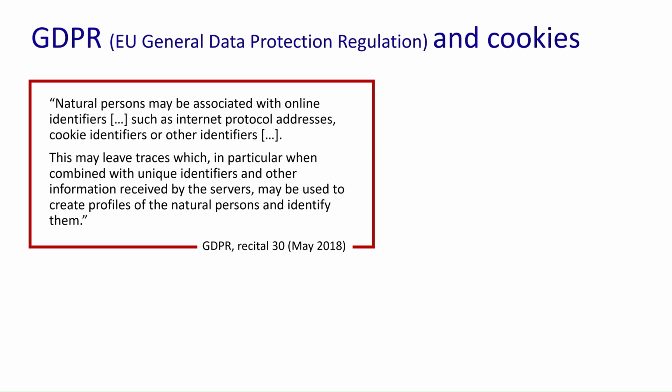This is who we are when we are present on the internet. "This may leave traces which, in particular when combined with unique identifiers and other information received by the servers, may be used to create profiles of natural persons and identify them." So this pretty much defines who we are. That's why this is something very personal.